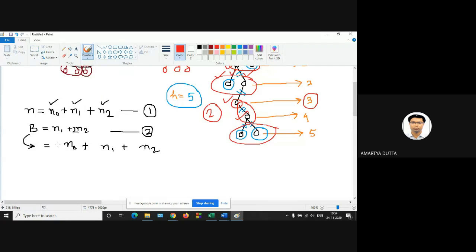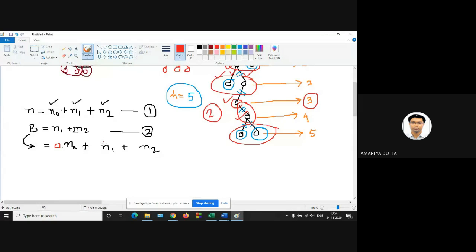What do you mean by n0? n0 is the number of nodes that have no branches. These are the leaf nodes, right? So 0 into n0, can I write this? No branches are coming out from the n0 nodes. Is it clear to you? Because n0 is the leaf nodes.